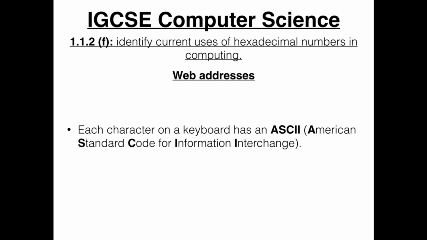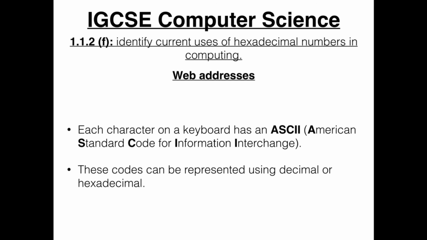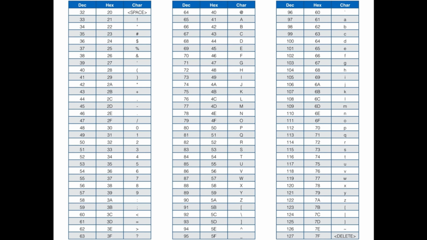Web addresses. Each character on a keyboard has an ASCII value, and these codes can be represented using decimal or hexadecimal. So here's an ASCII table. You can see all the characters and their decimal and hexadecimal values.